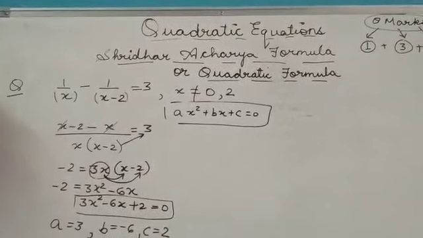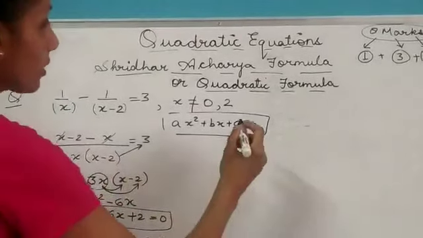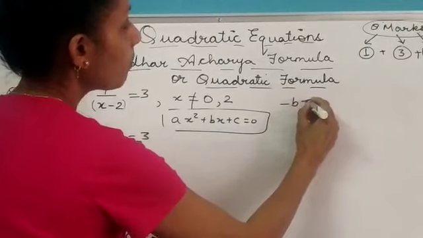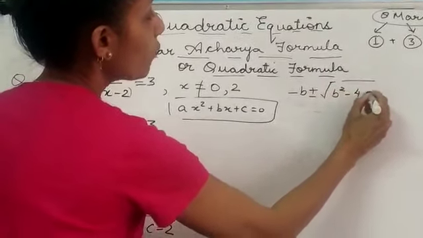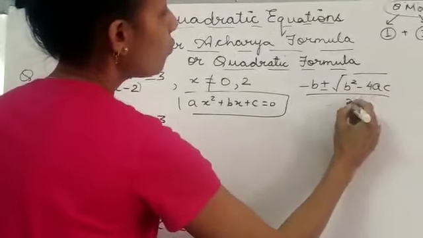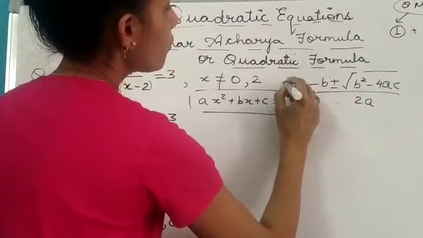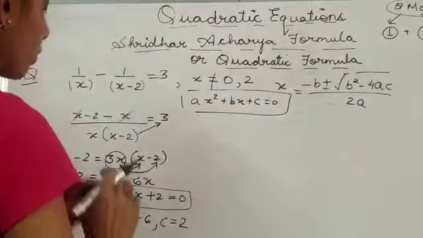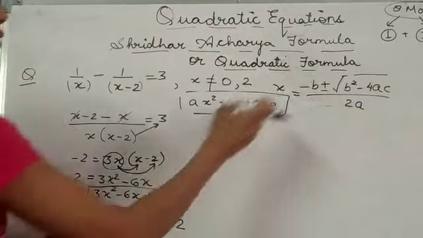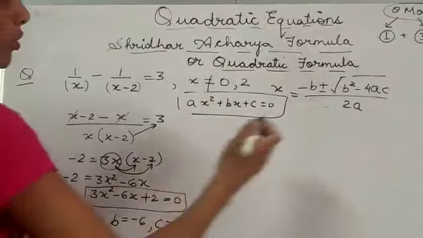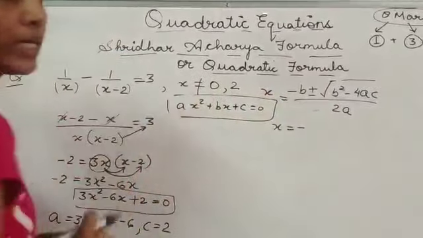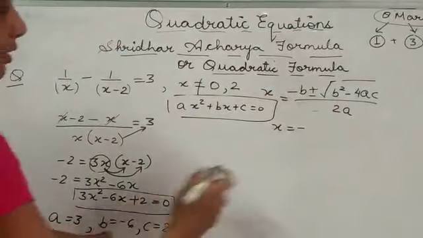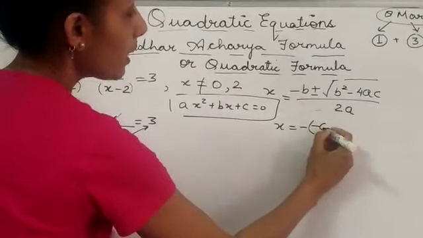Now we know that the quadratic formula is minus b plus minus root b square minus 4ac upon 2a, and this gives me the value of x. So let's put all these values here in the formula. So continuing it, minus is in the formula, so I am writing it minus. B here is minus 6, so I am writing minus 6.